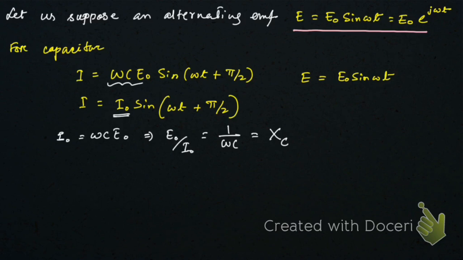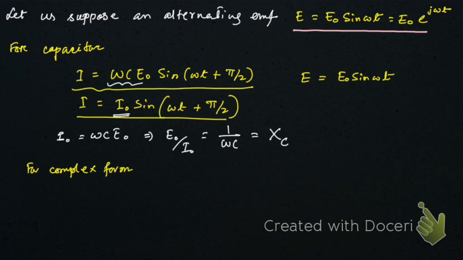So for complex form, you can write this equation as I naught e to the power j omega t plus pi by 2.